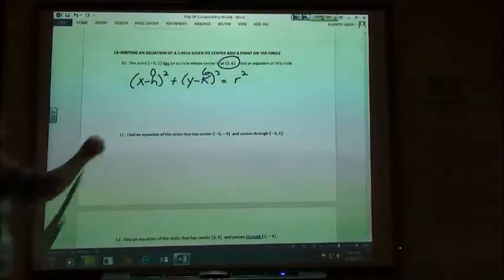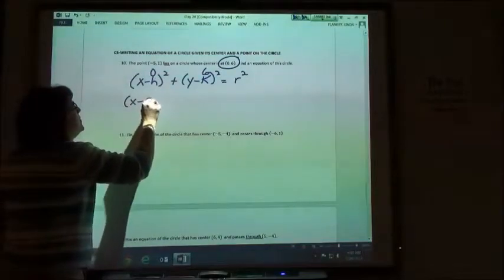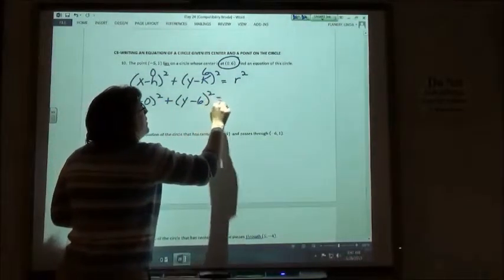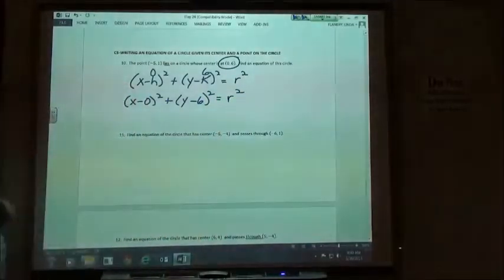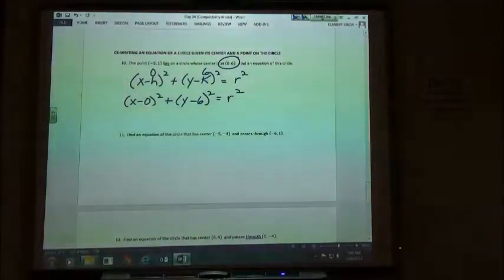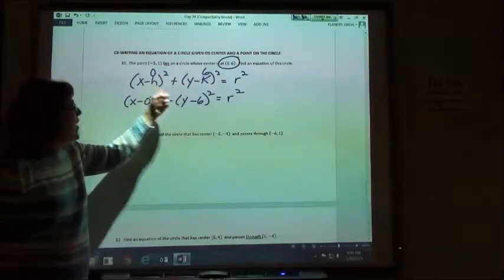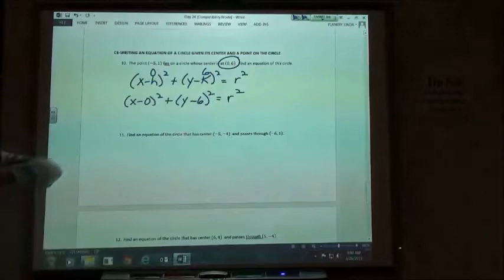So I'm going to have (x minus 0) squared plus (y minus 6) squared equals r squared, just putting the 0 in behind the x and the 6 in behind the y.